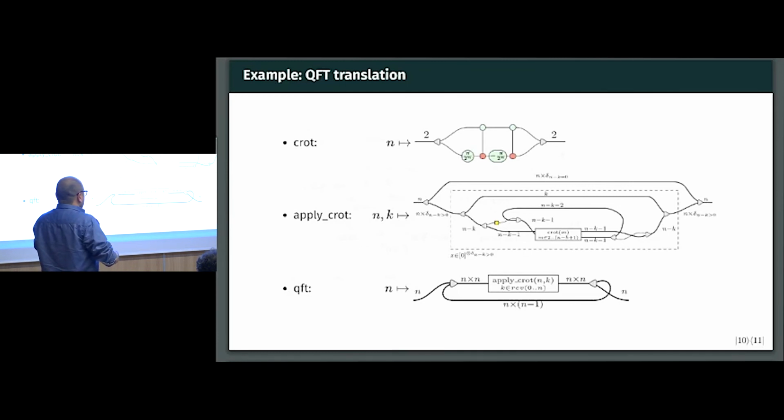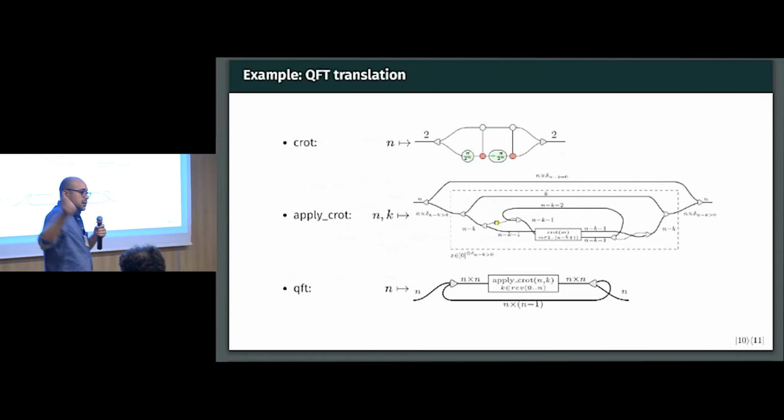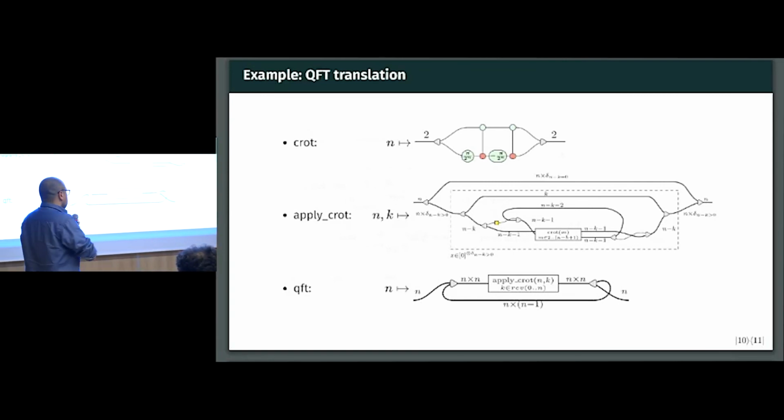And the QFT algorithm per se, it's just like the CNOT example. It's just this diagram we defined. Apply it 9 times, loop it around, and out comes the result.